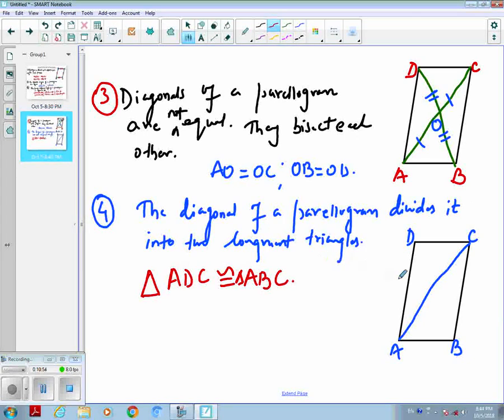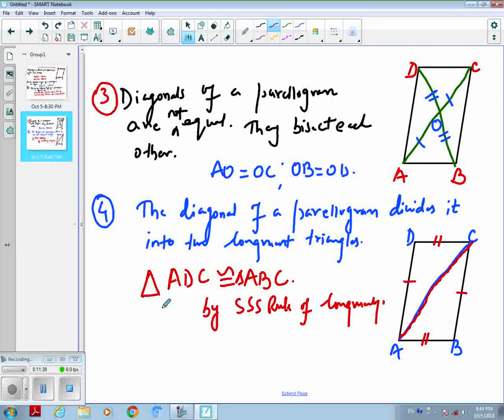We can see how: side AD is equal to BC because they are the opposite sides of a parallelogram. Similarly, AB is equal to CD. They are also the opposite sides of a parallelogram. And line AC is common to both the triangles. Therefore, the triangles are congruent by which rule? SSS rule of congruency. Right?